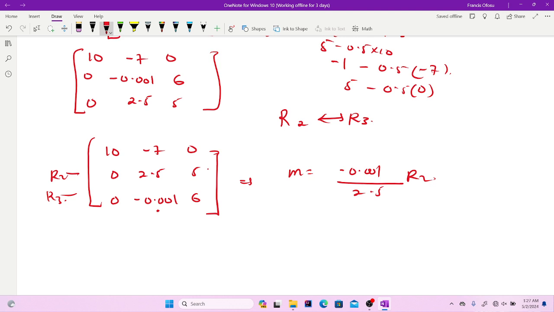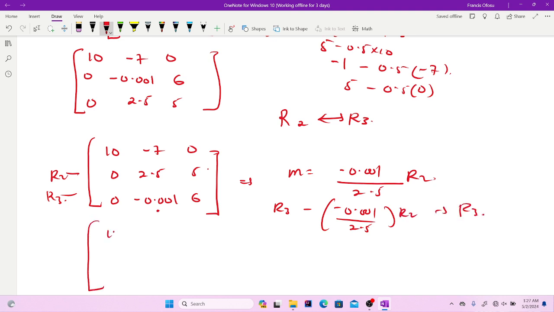So at this point, what is this? Negative 0.001 over 2.5. So you can maintain it this way. So my row operation is row 3 minus the expression negative 0.001 over 2.5 times R2, all going into row 3.